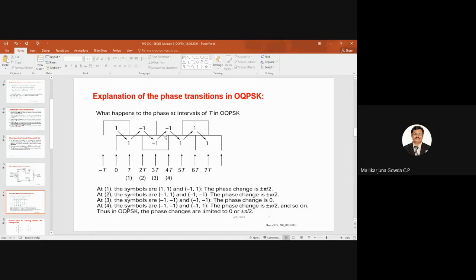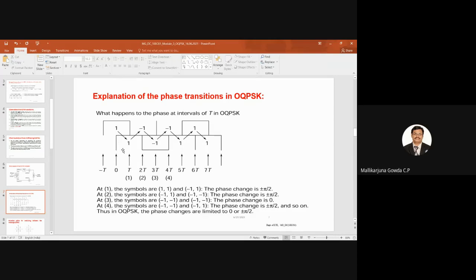So here the incoming binary data sequence has been segregated into odd and even sequences. Think of this point as 0, then it is T, 2T, 3T, 4T, 5T, 6T, 7T, like that it is written, right? Two bits make one dibit, as I used to say.